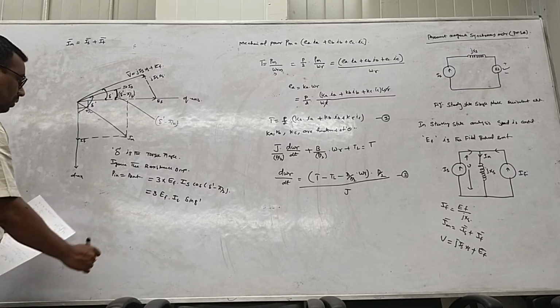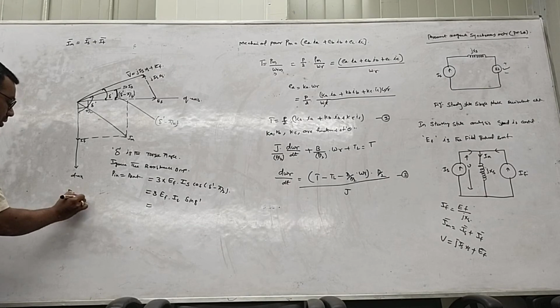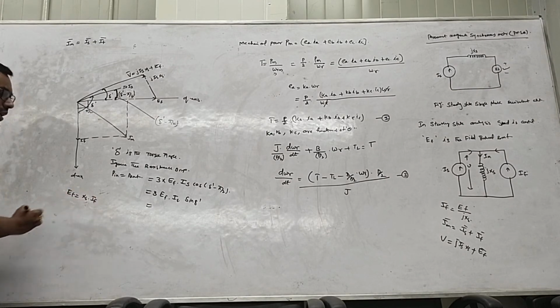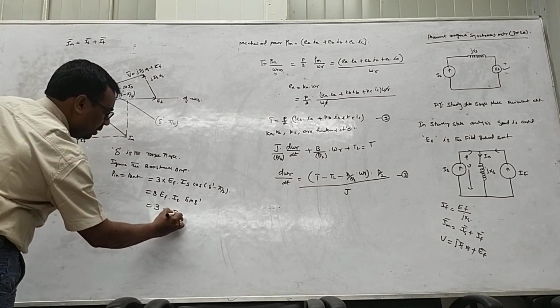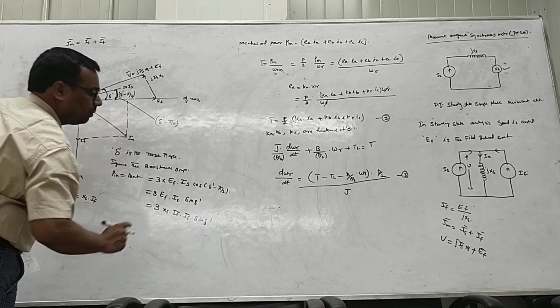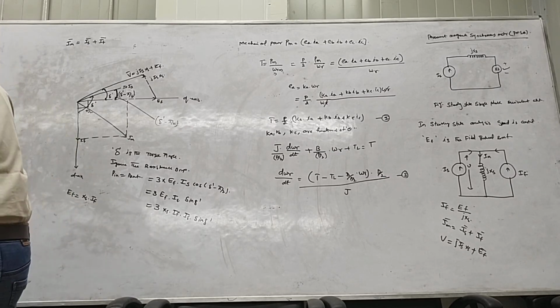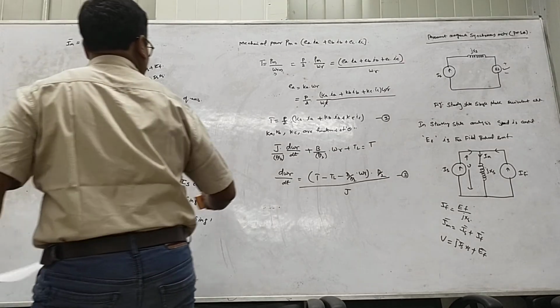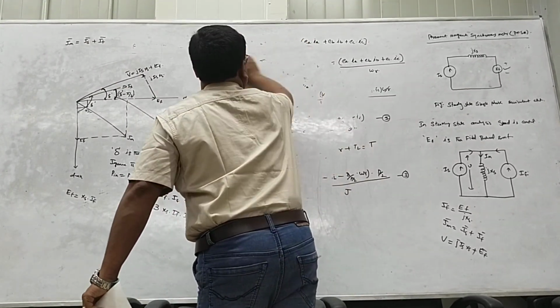The induced EMF EF is equal to the synchronous reactance into the field current. So P input is 3 into synchronous reactance into field current into Is into sine delta prime. Now you write down the expression for torque.